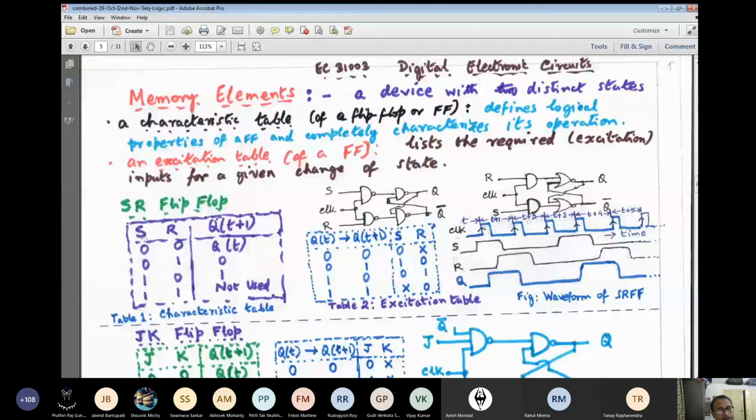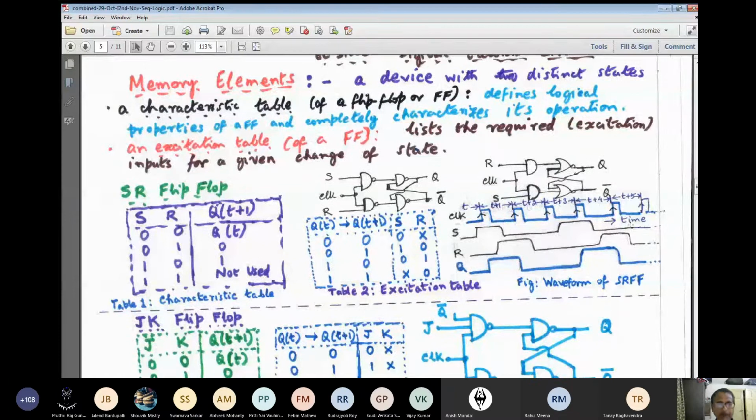It means that the flip-flop will go to the reset state. Also, if S equals 1 and R equals 0, then the flip-flop will be in set state. That means the output will be logic high. Both of them being 1 is not used. It is forbidden. I'll discuss why. Based on this function table, I have drawn this waveform diagram. All of you please focus on the waveform diagram.